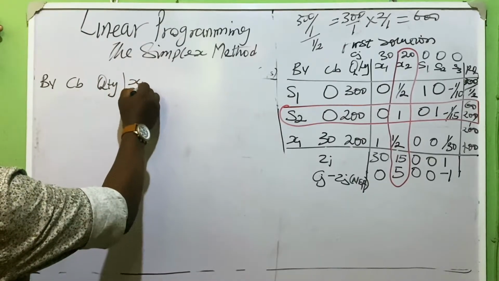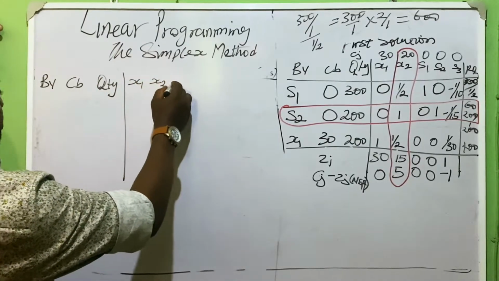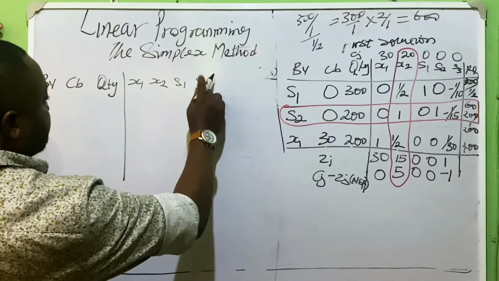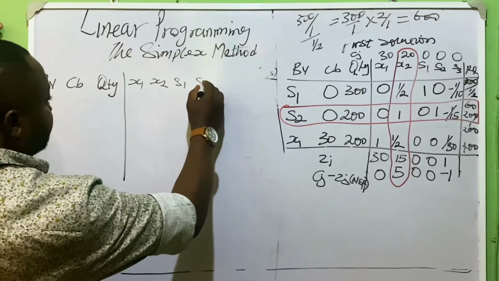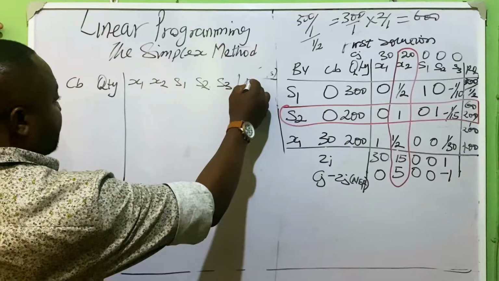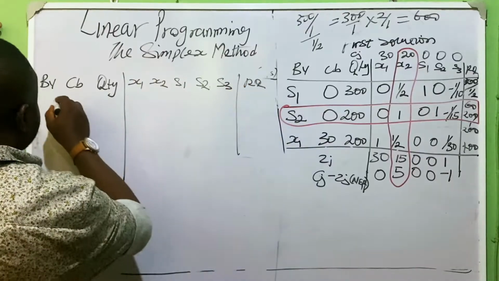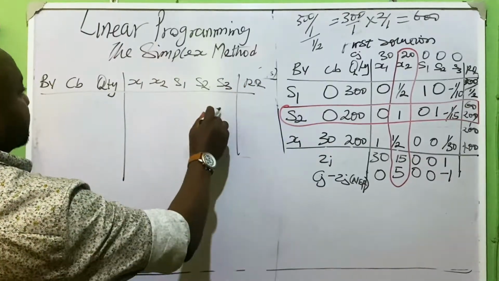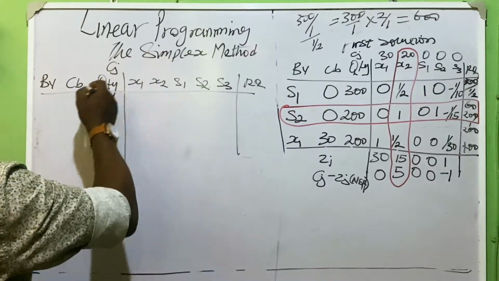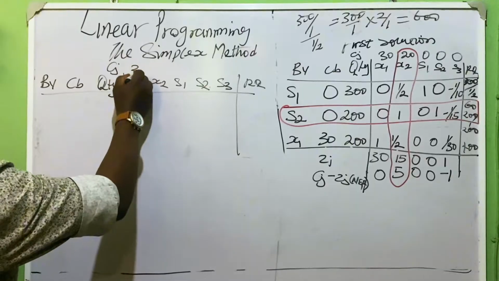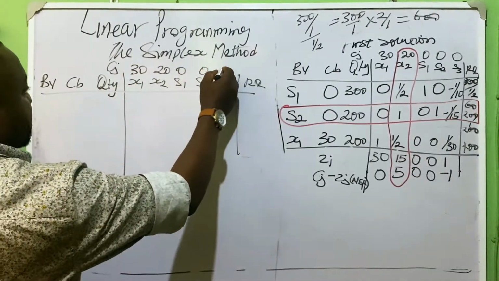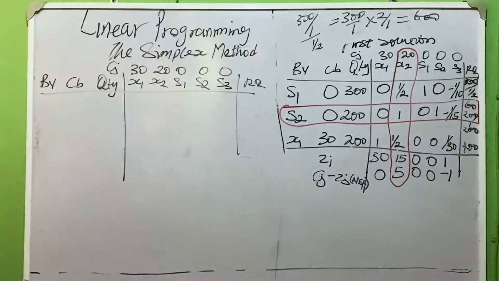We have X1, X2, S1, S2, S3, and our replacement quantity. So we're going to have our CJ values, which is the coefficients. We have 30, 20, 0, 0, and 0.